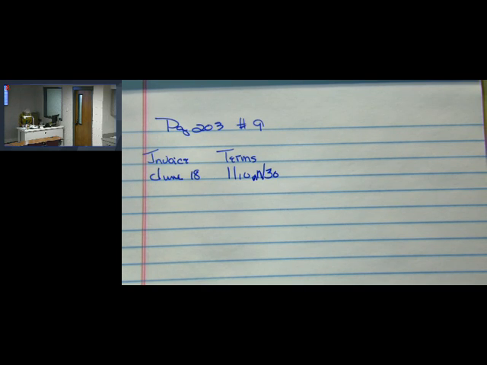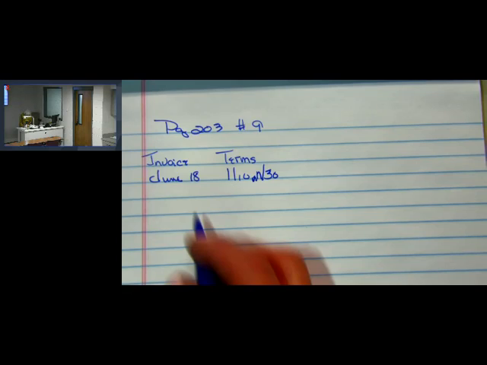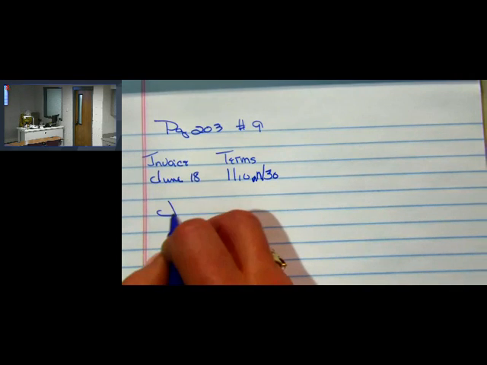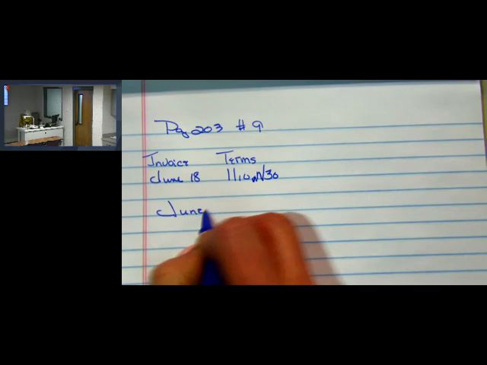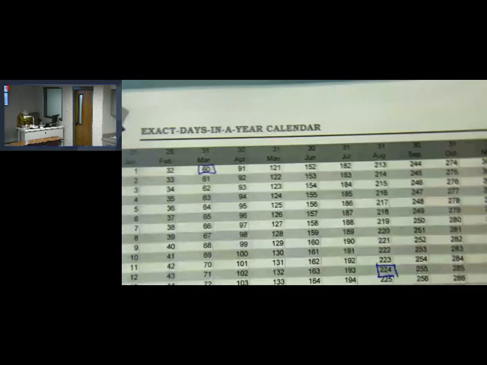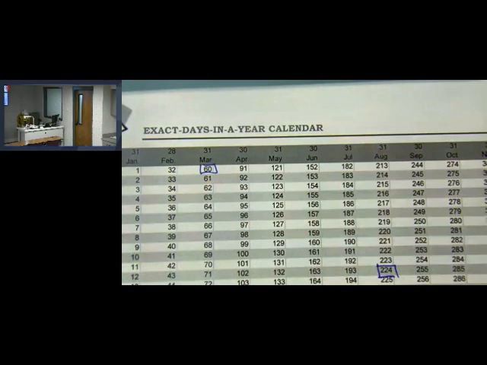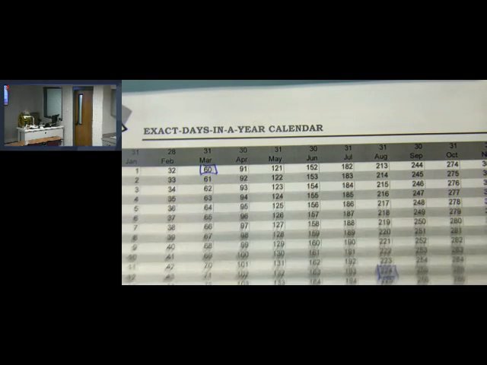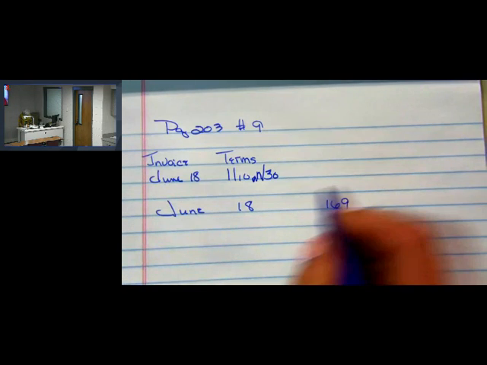I know that 10 days is not hard to add to 18, but I just want to make sure we're using our calendars. So I'm going to look at June 18. On my calendar, June 18 is going to be day 169.